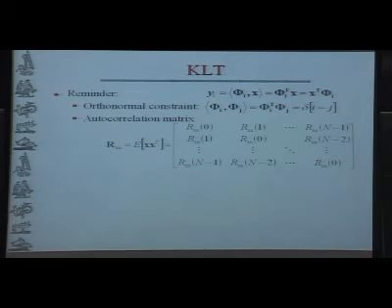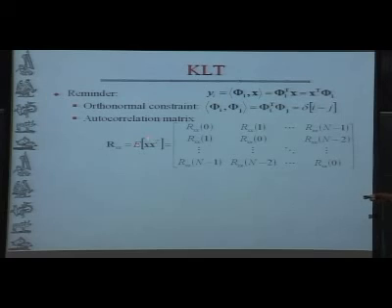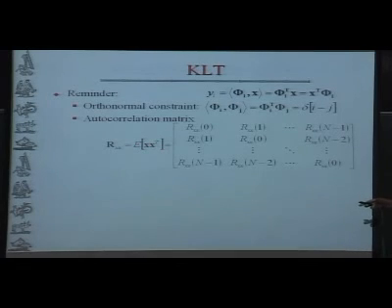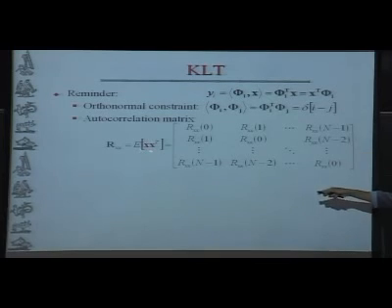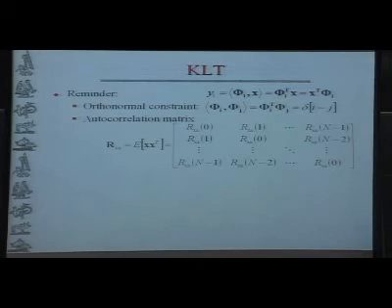And I also remind you that the autocorrelation matrix of the signal is defined as the expectation of the outer product of x and x transpose, where x is a column vector.